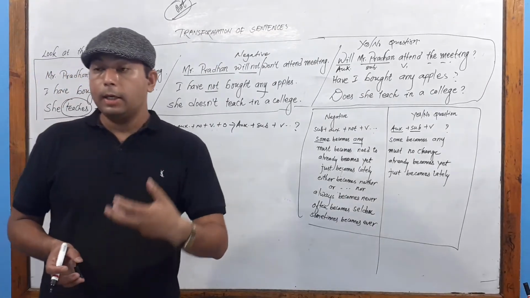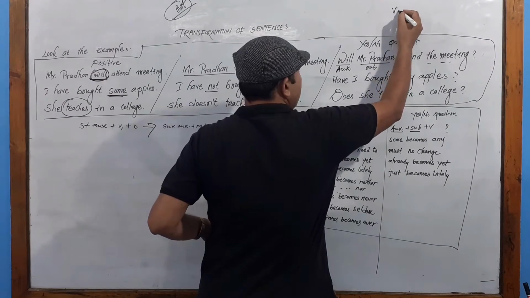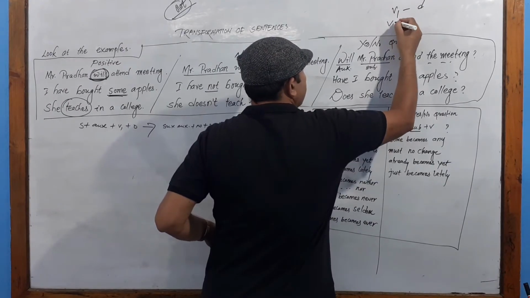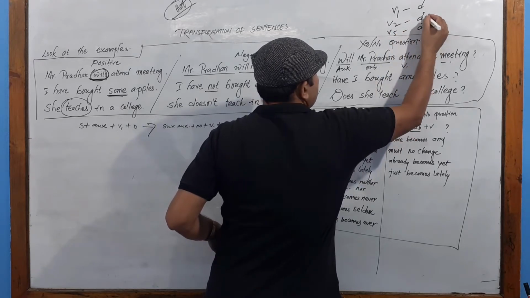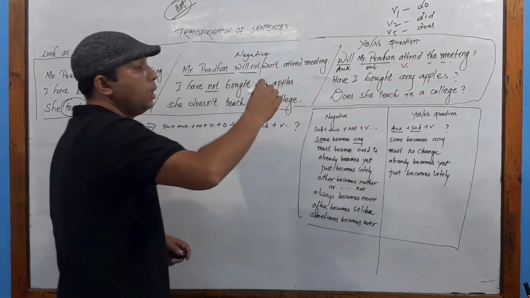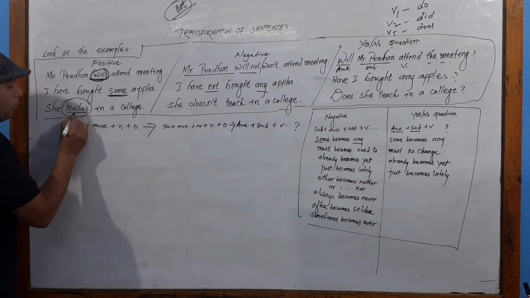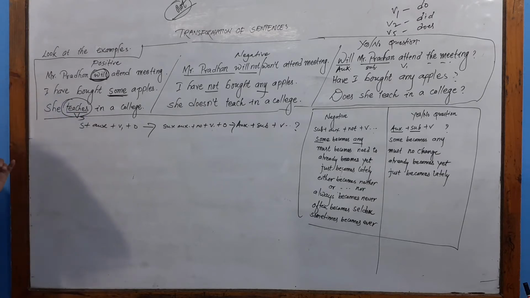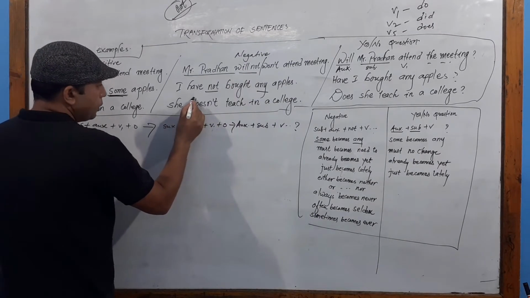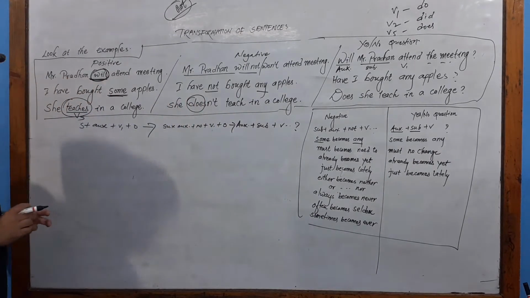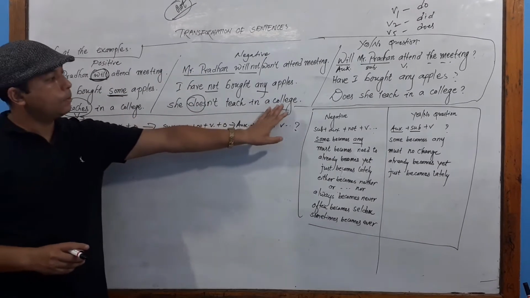Main verb बाट auxiliary verb लिने. So in the main verb, look at there. If there is verb 1, then do; verb 2, then did; verb 5, then does. Do, did, does. Now look at here. Which verb is here? Verb 5 is here. So to change into negative, does is written here. Verb 5 छ भने does लेखेको छ, not थपेको छ, she does not teach in a college.